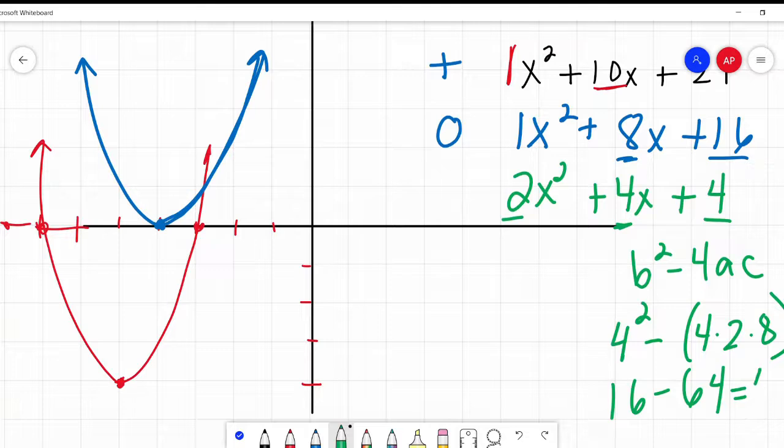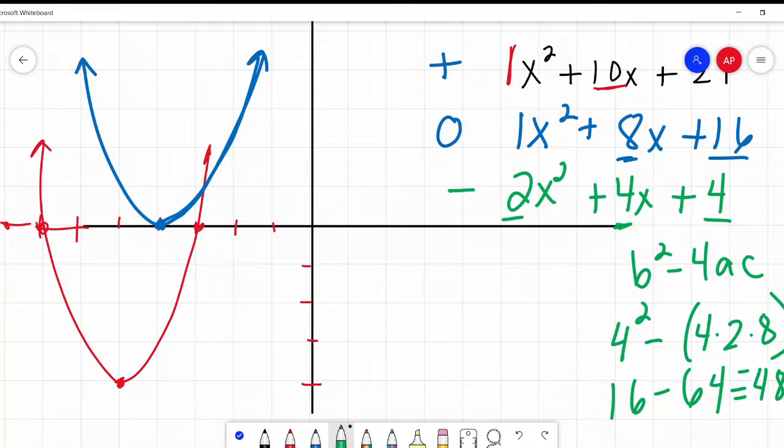Let me double check that. My mental math is not at its peak this morning. It's early. All right, so I'm getting a negative number for my discriminant, which means I should have no solutions.